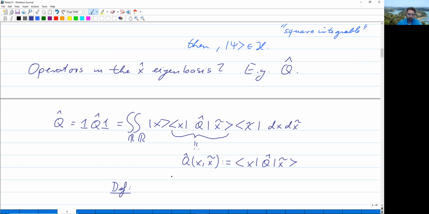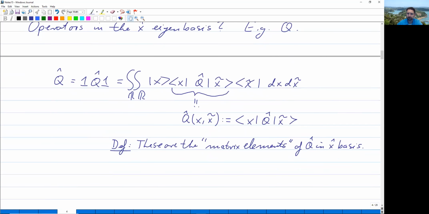We say these are the matrix elements of q hat in the x hat basis, the position basis. Even though, since x and x tilde are continuously labeled, we shouldn't really think of this as a matrix in the usual sense.